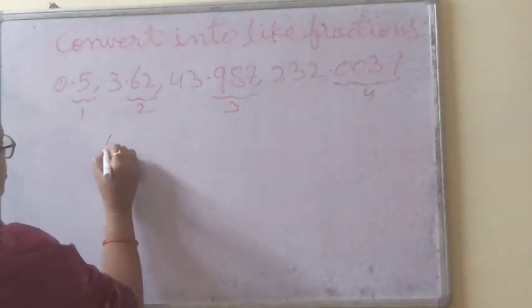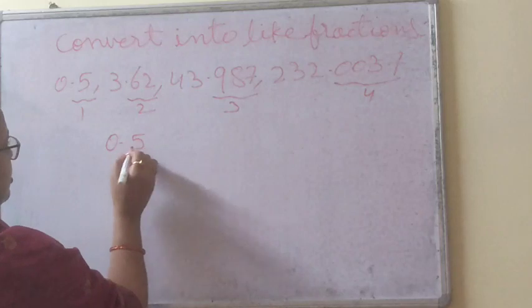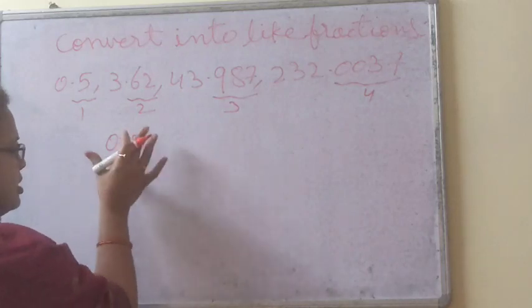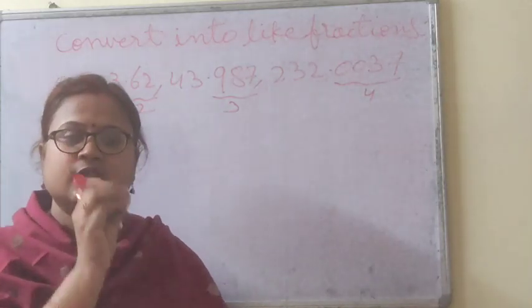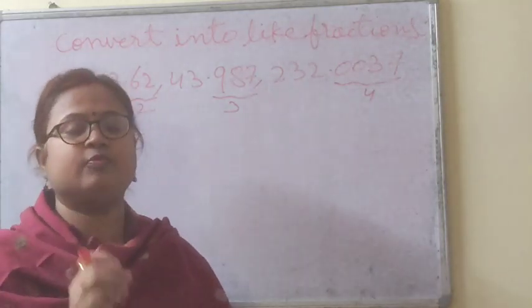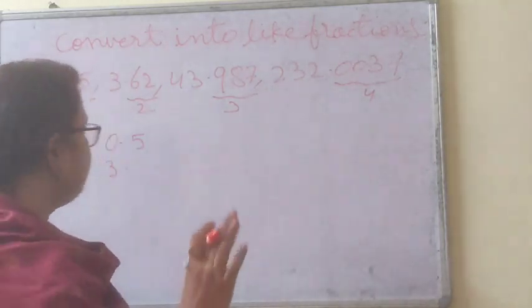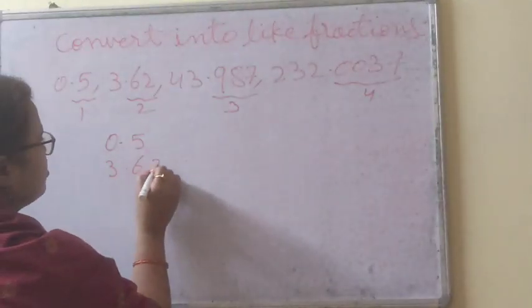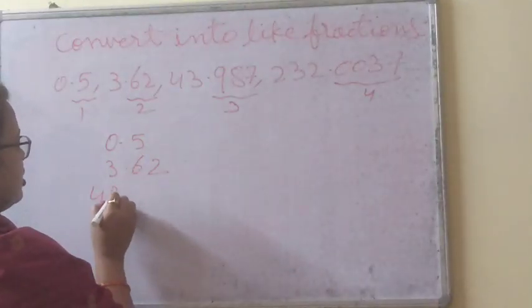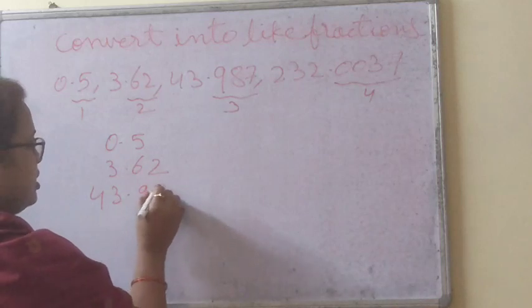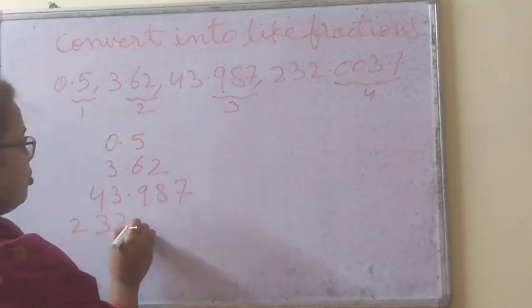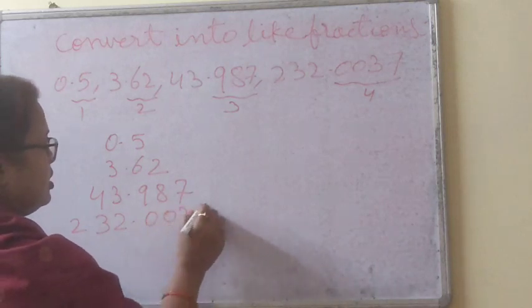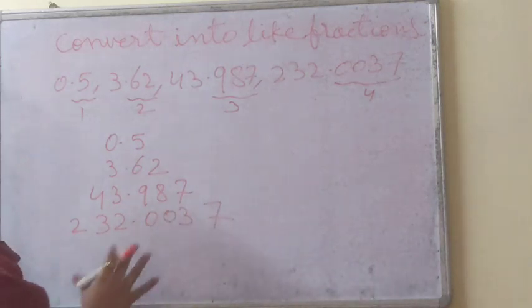First we will write 0.5. Then 3.62. Write in such a way so that all the decimal points fall in the same vertical line. Next number is 43.987. And the next number is 232.0037.